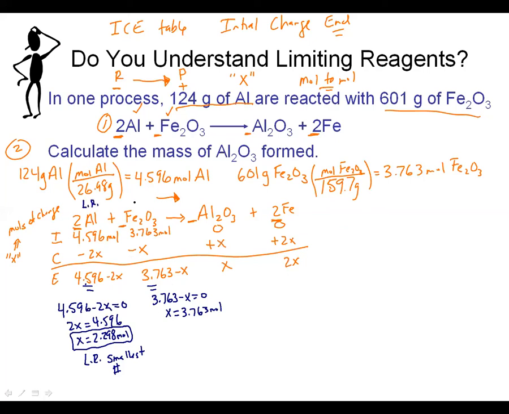By default, the other one would be our excess reagent, the iron 3 oxide. So that x is really important, and that means we technically don't need this number anymore. And why this table method is a nice method is for what we're going to do right now, which is solve for everybody here.